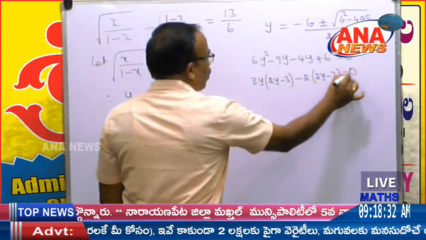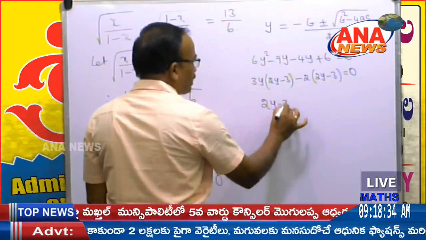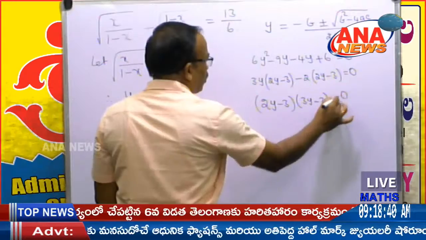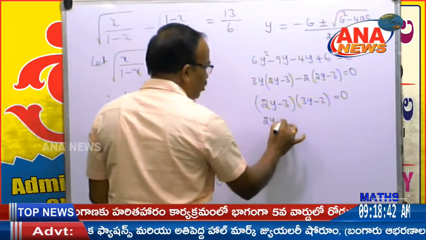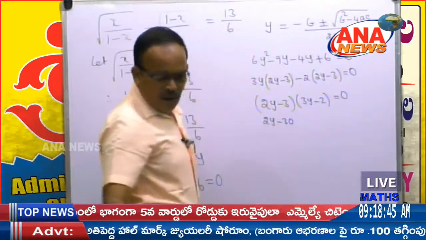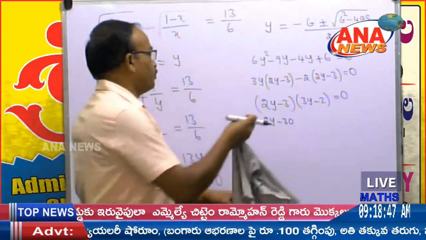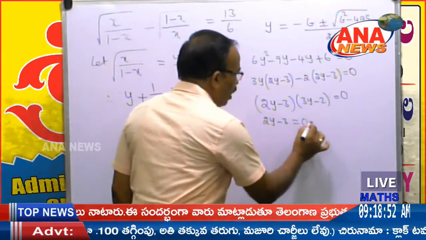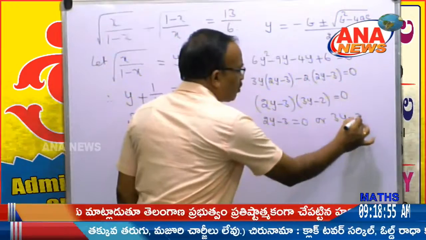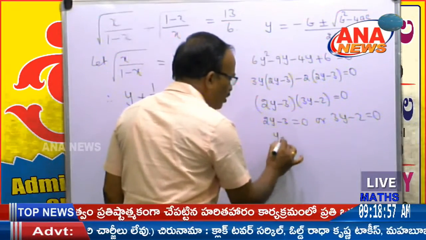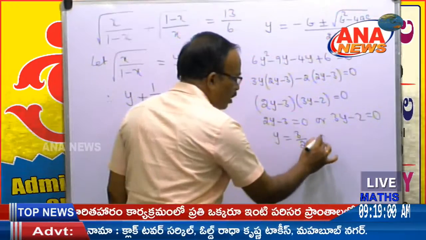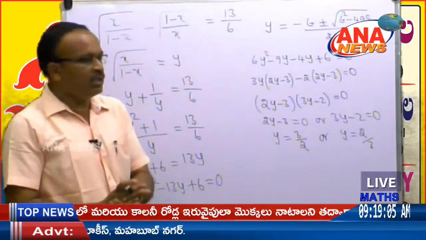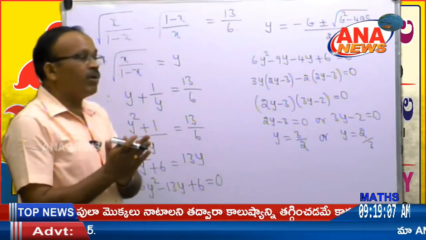So clearly, 2y minus 3 into 3y minus 2 is equal to 0. So 2y minus 3 is equal to 0 or 3y minus 2 is equal to 0. So y is equal to either 3 by 2 or 2 by 3.